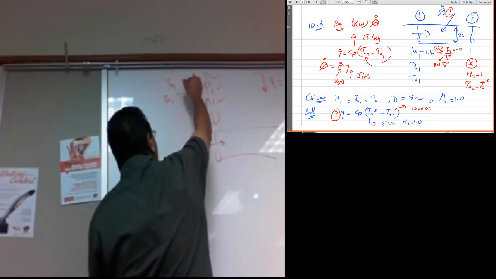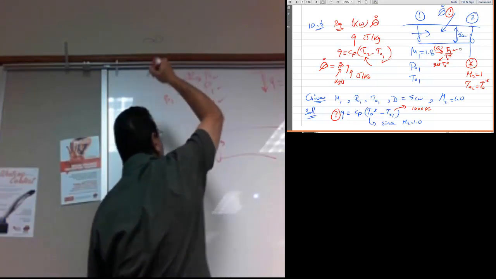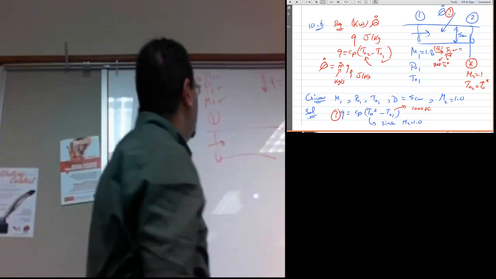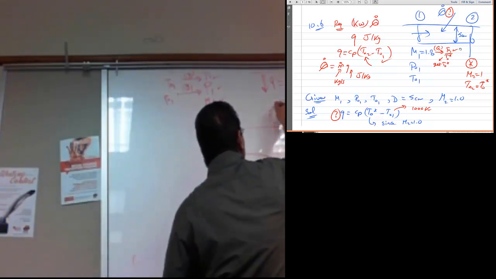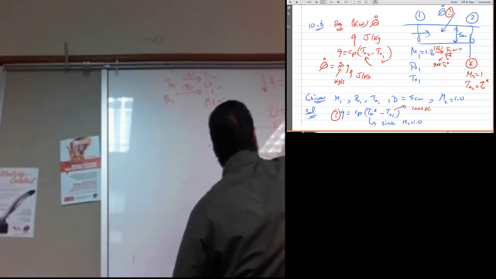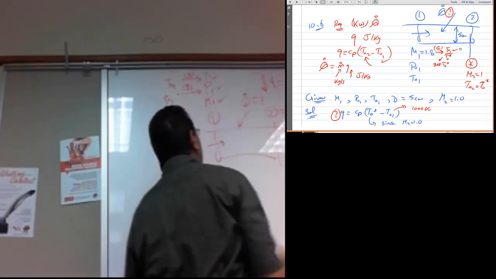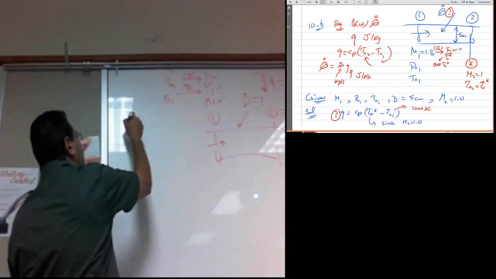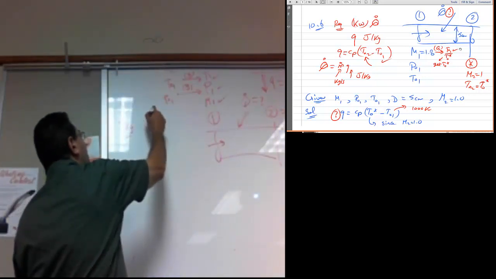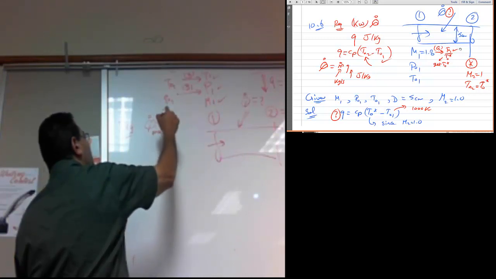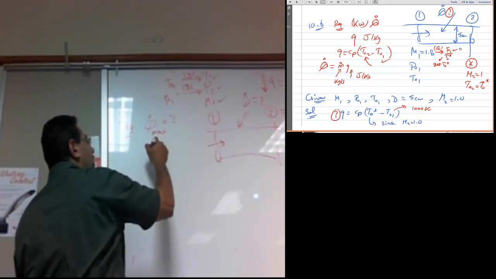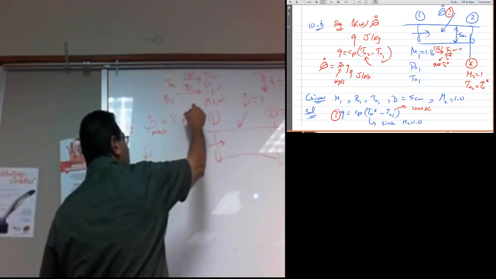If you don't remember, let me know after the class. And we need state 2 to actually be the star condition. So the question is, how much is this Q dot required to do that? Required Q dot max. And by the way, he's asking for this Q dot max in kilowatts.